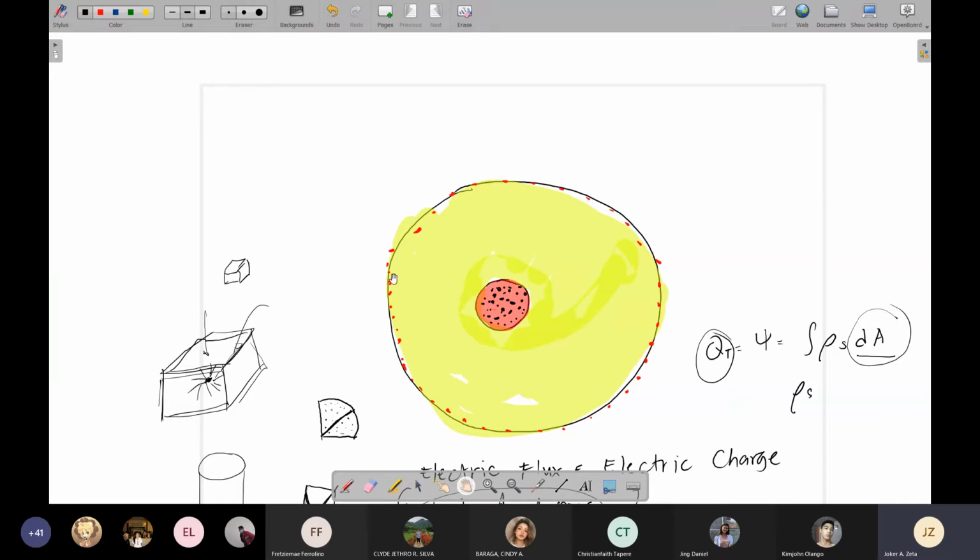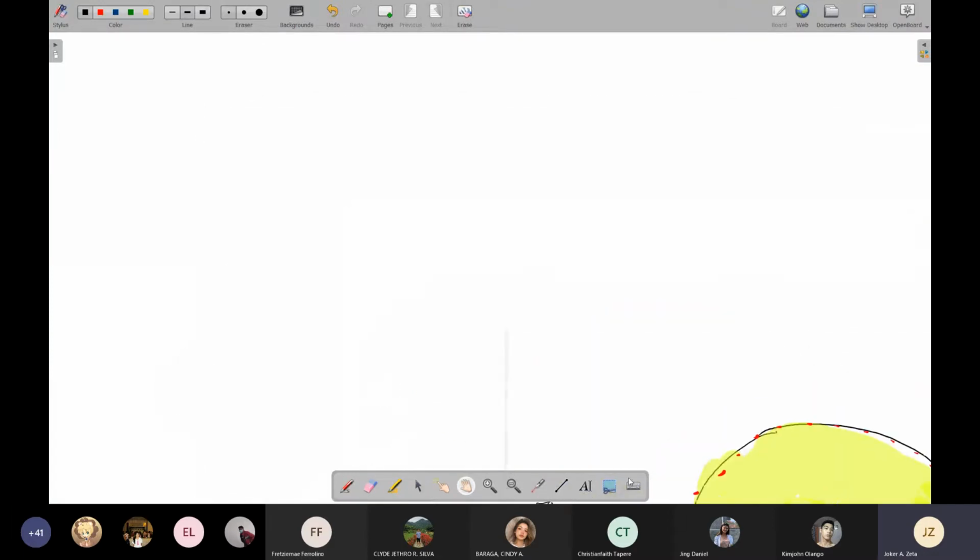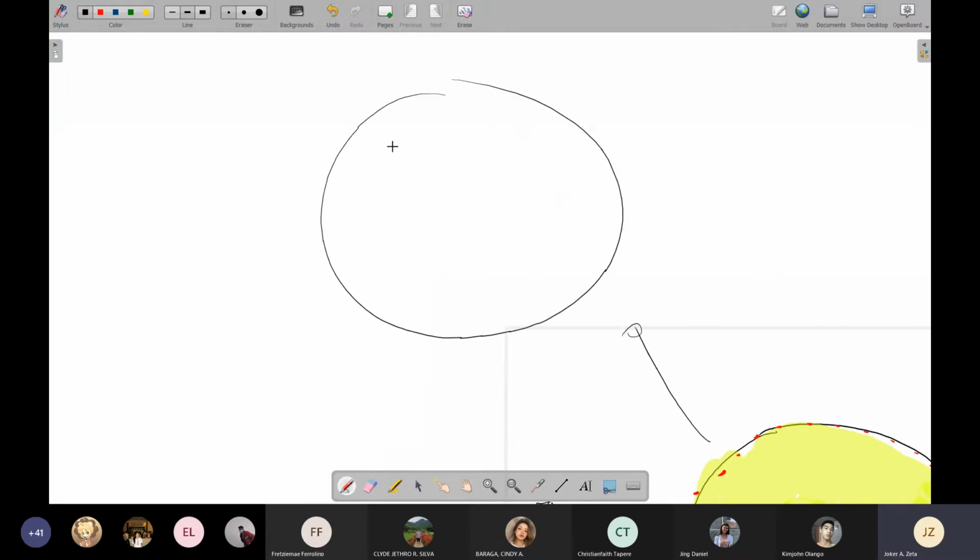Because of how big the outer sphere is, the inner sphere becomes like just a point because of how small it is. It will transform into something like this.